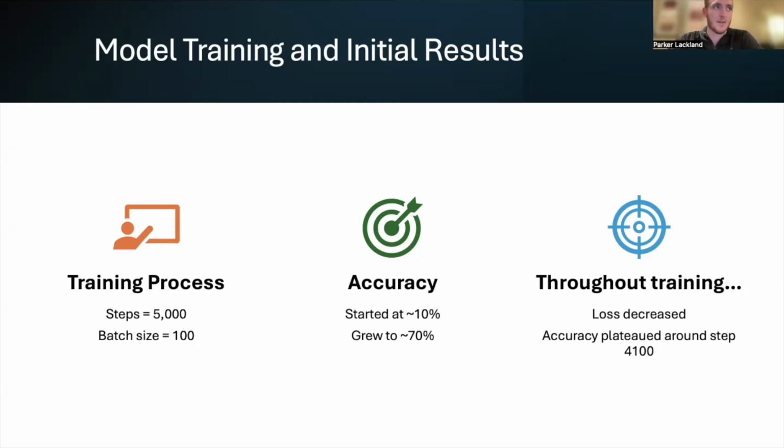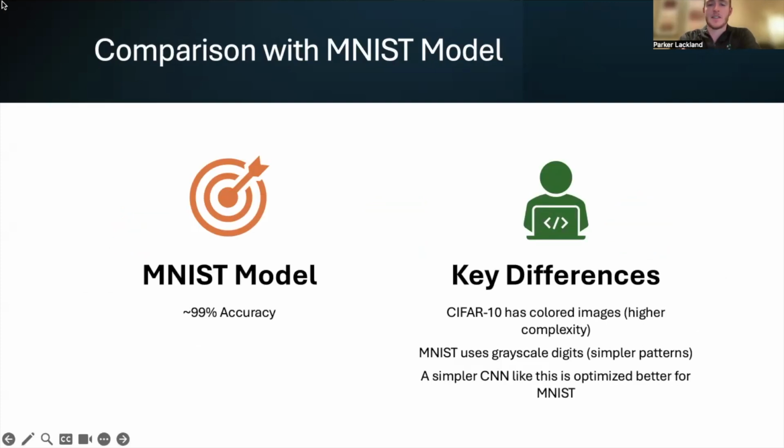It started at 10%, for the first 100 steps or so, and it grew to about 68, 69, 70% by the 4,000th step or so. Throughout training, the amount of loss decreased drastically, and the accuracy started to plateau around 4,000, 4,100 steps, as expected. Now, the MNIST model was quite different.